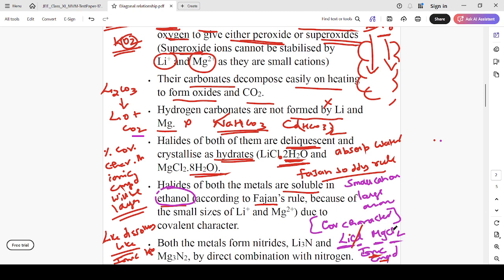Chlorine is common, leave it out. Consider lithium and magnesium. In its group, lithium is small; in its group, after beryllium, magnesium is small. So they are small cations. Therefore, the smaller the cation, the more the covalent character. If it is covalent, it will be soluble in non-polar solvents only. So it is soluble in ethanol.